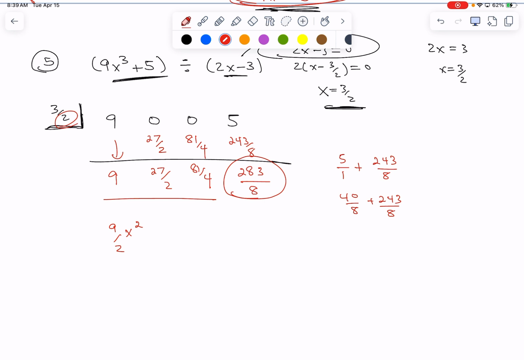Now, what's 27 halves divided by 2? You're going to multiply by the reciprocal, so it's going to be 27 fourths. When you're dividing by 2, you just end up multiplying the denominator by 2. So take the next one, 81 fourths divided by 2. Multiply by reciprocal, that will be 81 over 8.